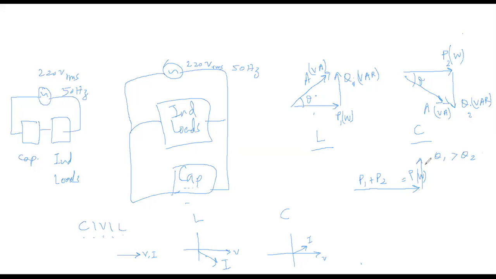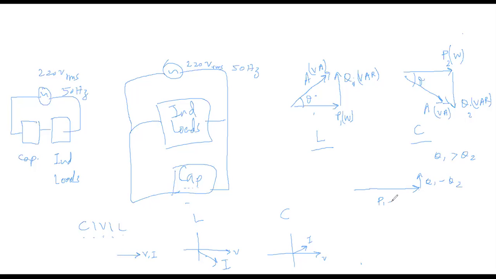Since we are subtracting the two, the vector direction will be upwards and its magnitude will also be small. So Q1 is greater than Q2, I do Q1 minus Q2, and the resultant direction is upwards.